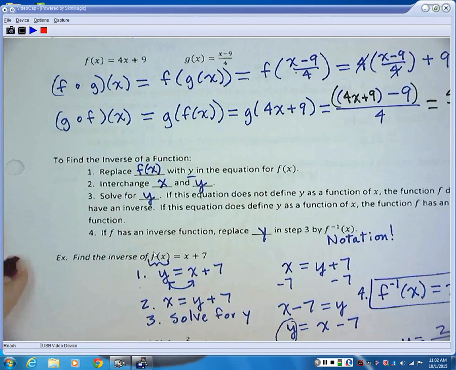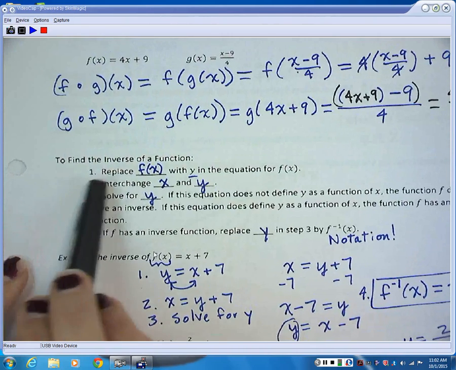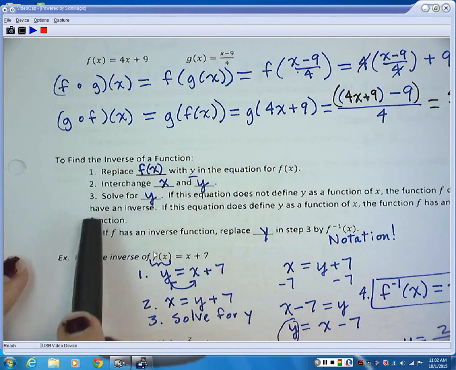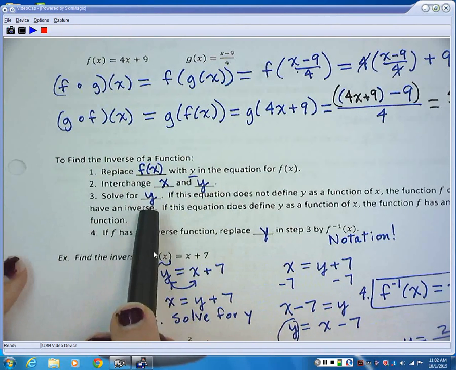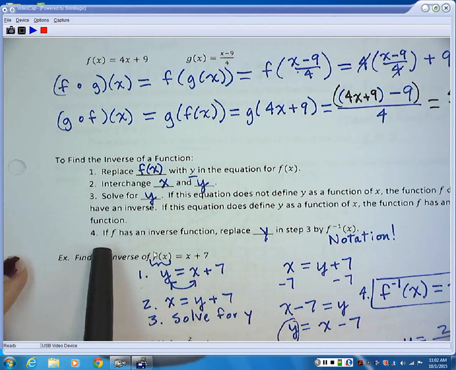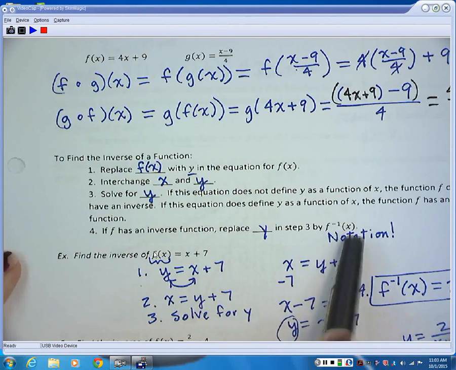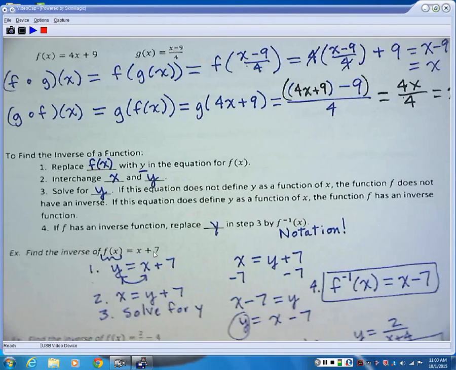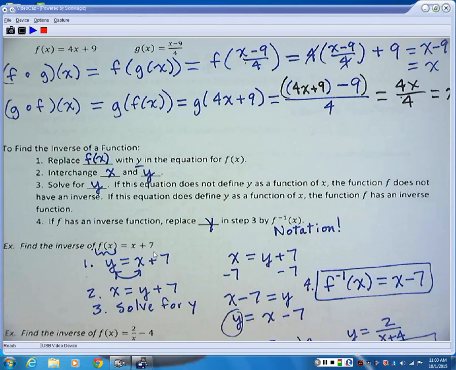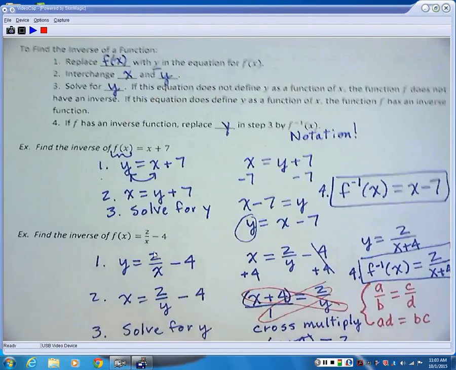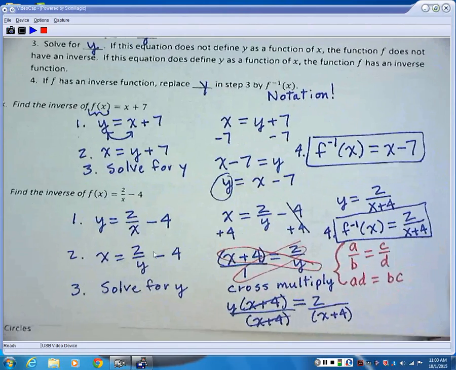The steps are: you replace f of x with y, interchange x and y, solve for y. If f has an inverse, replace y with f inverse of x notation. So practice that. We did that here. I did it with the steps labeled in class for you.